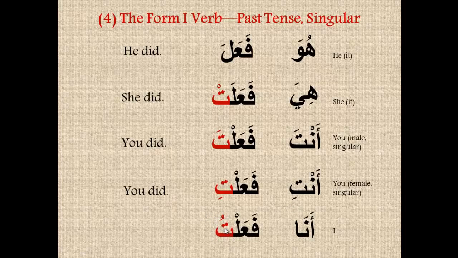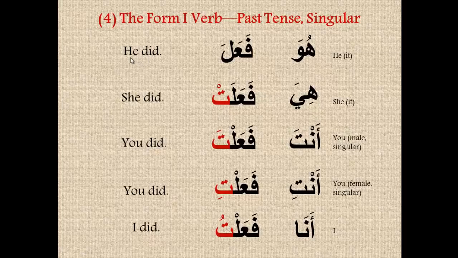The tu, ta with a dhamma on top, corresponds to ana fa'altu, which means I did. Now these patterns, the ta with the sukun, the ta with the fatha, the ta with the kasra, and ta with the dhamma, this conjugation scheme is true for any verb in the Arabic language, and I'm going to demonstrate this with examples later on.